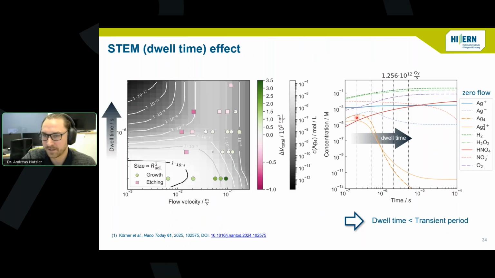So to say, we interrupt the process during the transient phase, and what we can see is that certain species still decay. They have a very high concentration in the beginning and they decay in concentration, whereas the oxygen, it's a very slow process. It takes some time for the oxygen to build up and reach sufficient concentrations.